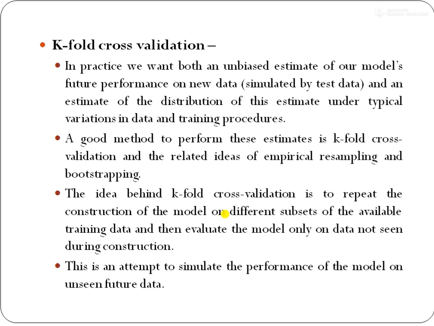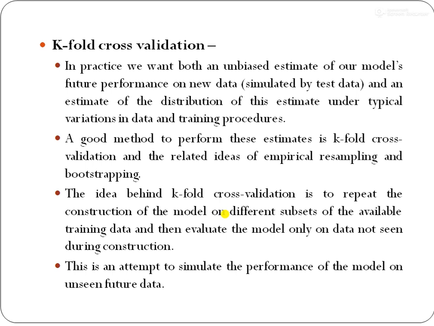So a good method to perform this estimate is k-fold cross-validation and the related ideas of empirical resampling and bootstrapping. We can sample our training data into smaller subsets and we can repeat the same procedure on all these subsets.